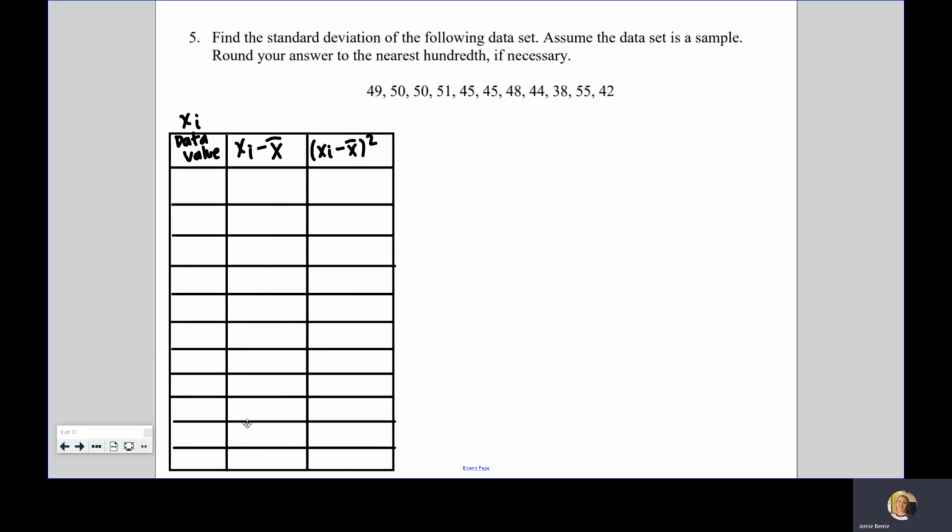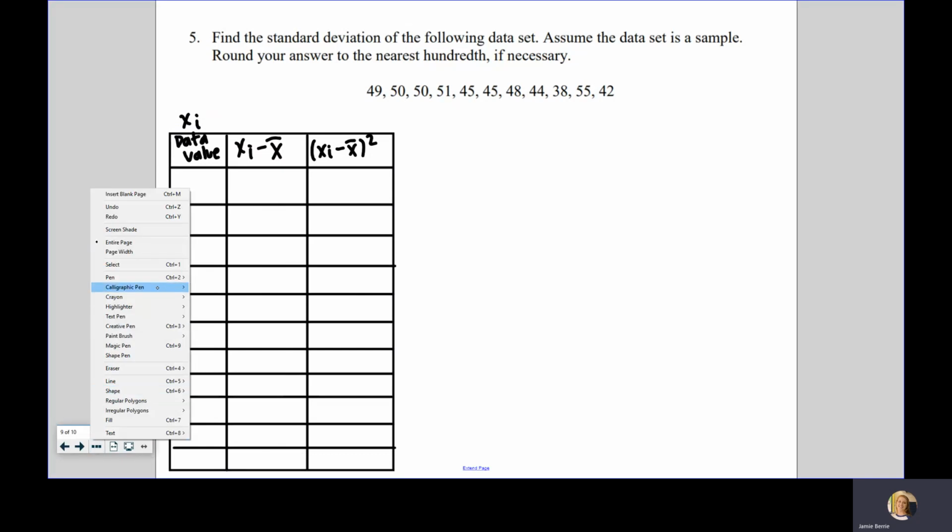Right, so I'm just going to count those again to make sure. 1, 2, 3, 4, 5, 6, 7, 8, 9, 10, 11. Perfect. I'm going to go ahead and start writing in the data values. If you haven't got your table written yet, pause the video.